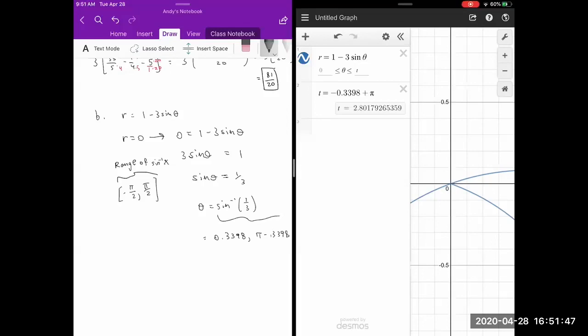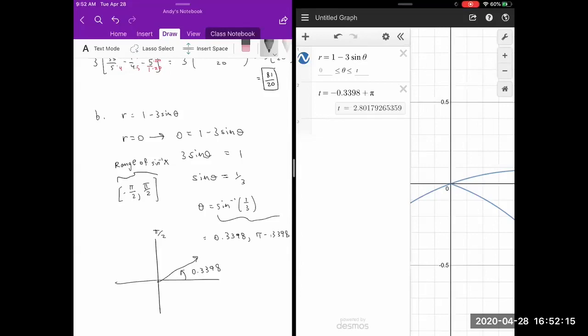So here's what I'm doing, just to show you. Remember, theta is an angle, so sine inverse of 1/3 is an angle. Here, 0.3398 radians would be in the first quadrant. Think of pi over 2 as where the first quadrant ends. Pi over 2, as a decimal, is 1.57. So 0.33 is somewhere over there.